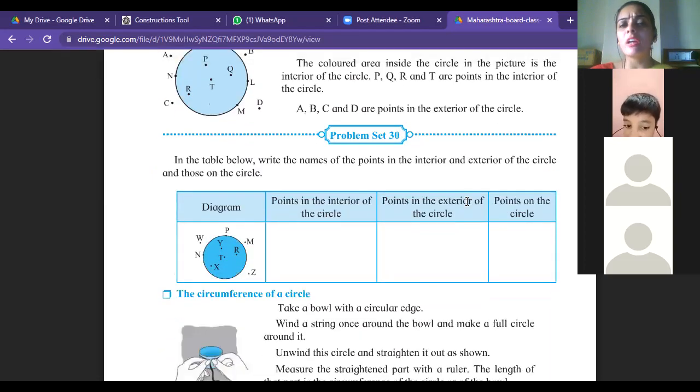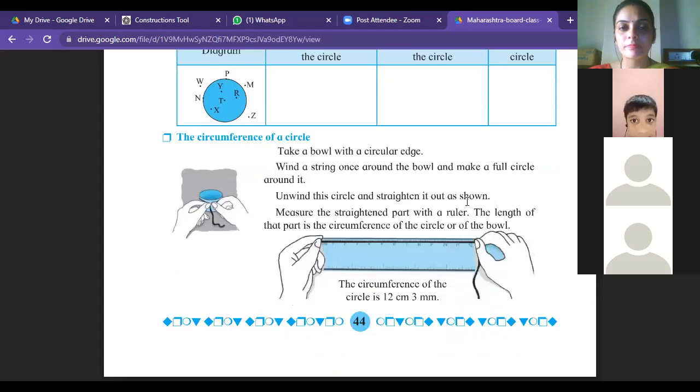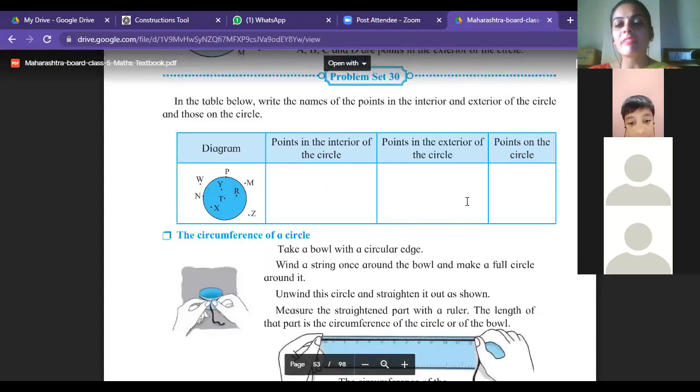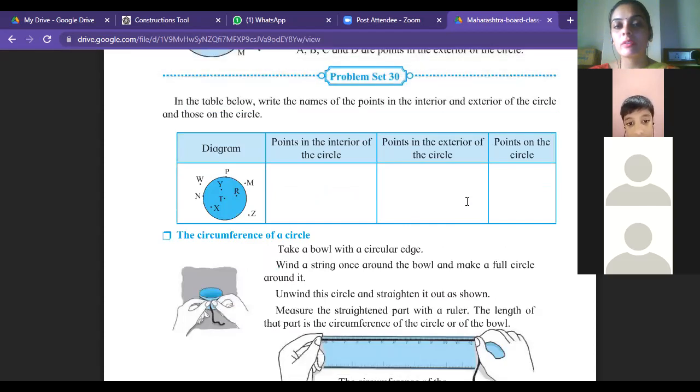Now, points in the interior of the circle. Here a figure is given. You have to write the interior points, exterior points, and points on a circle. Okay, Ali? Bhavya, are you there? Bhavya?